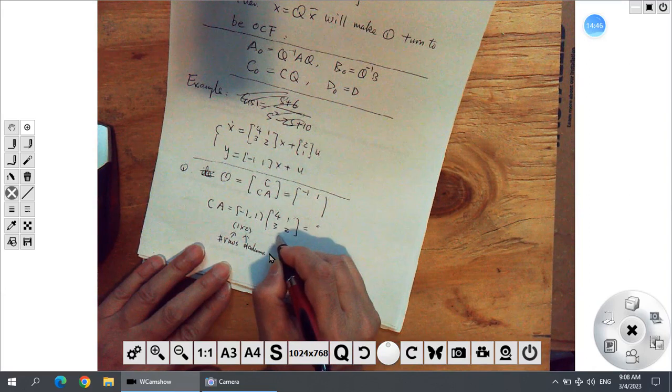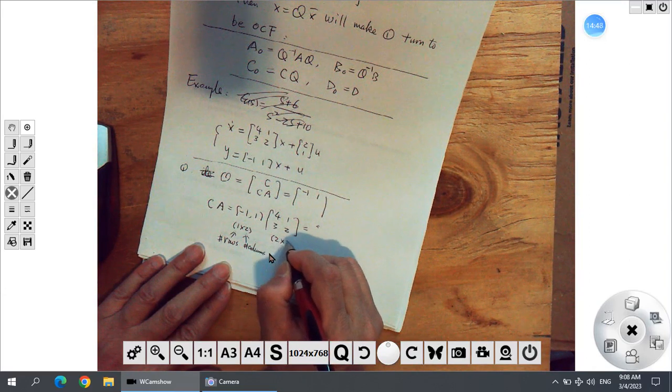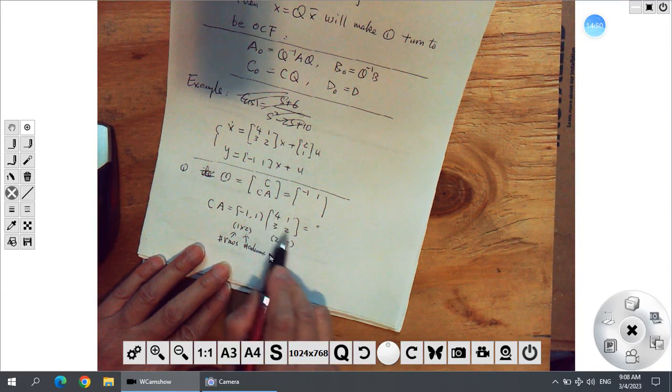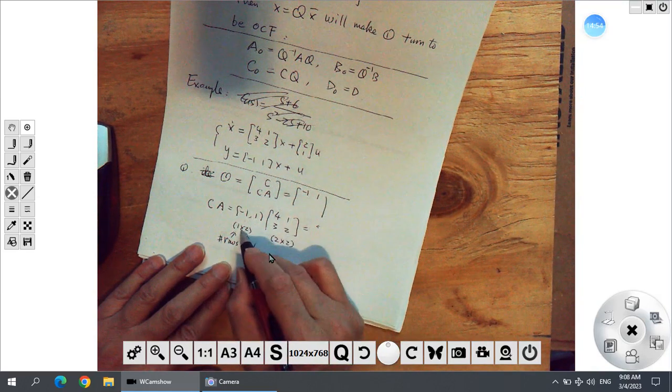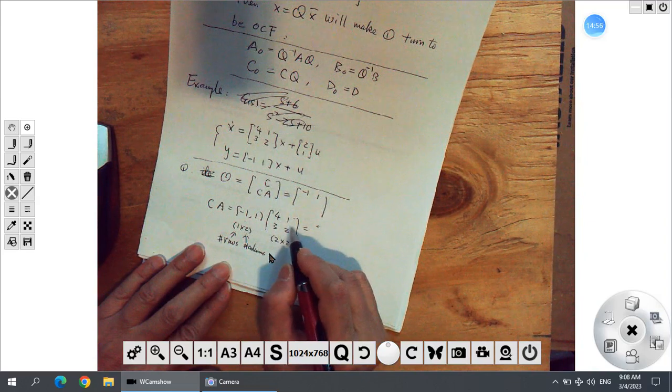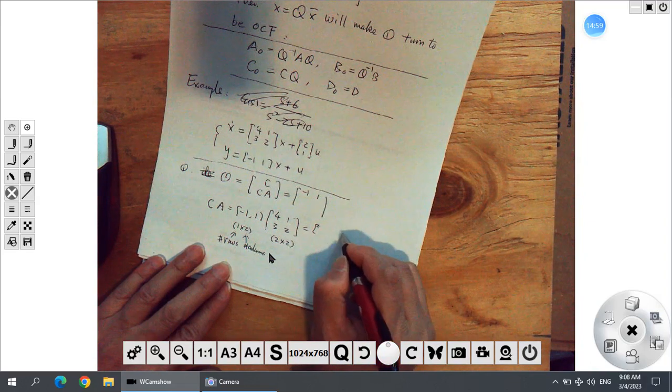And this one is 2 by 2: 2 rows, 2 columns. After you multiply these two matrices, the result will be 1 by 2.